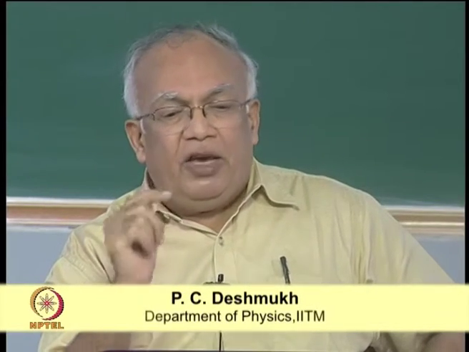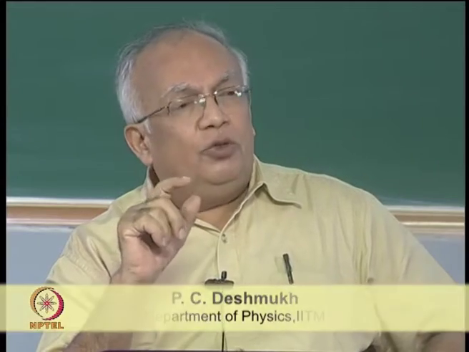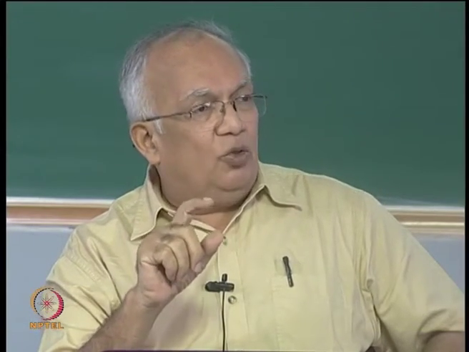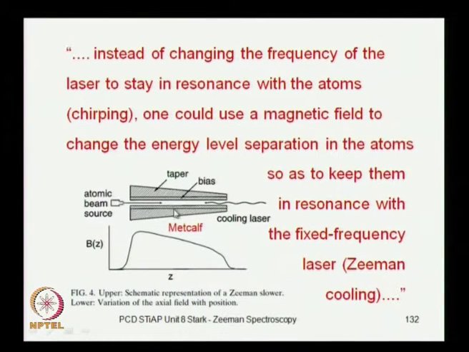The alternate way of doing it would be to use the Zeeman effect and use an external magnetic field, and this is done by having a large number of solenoids of different lengths, and this is called Zeeman cooling, or the whole process is sometimes called a Zeeman slower.